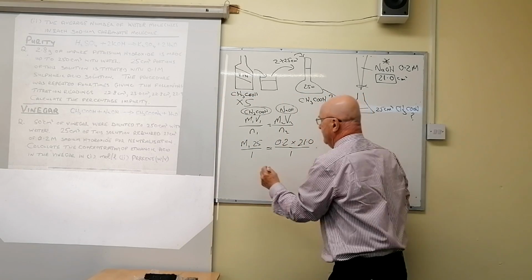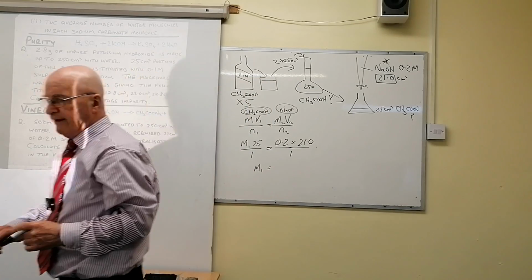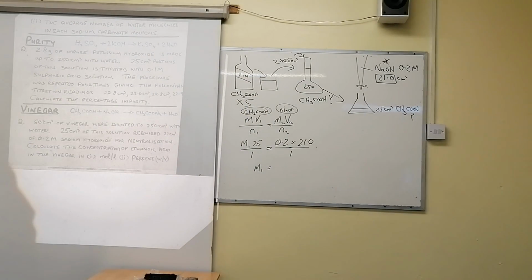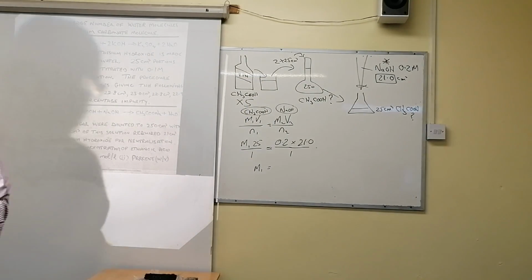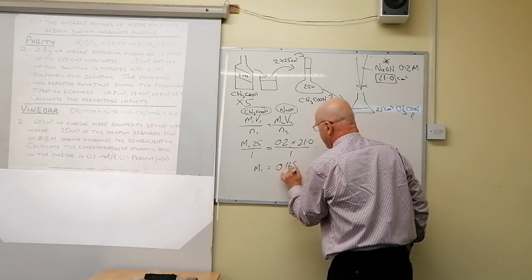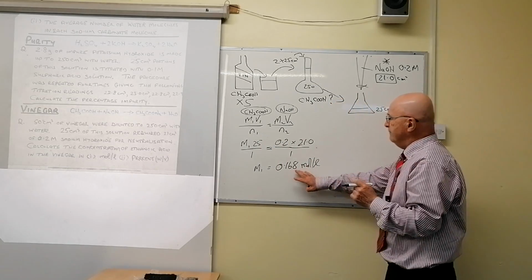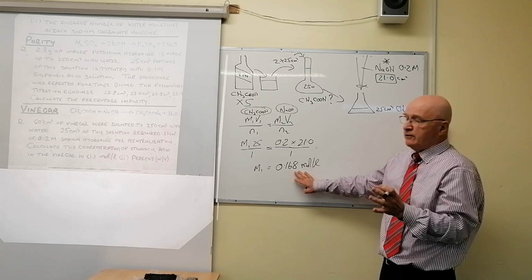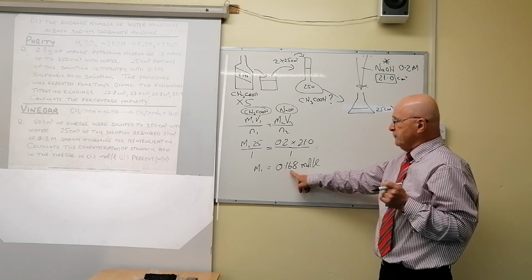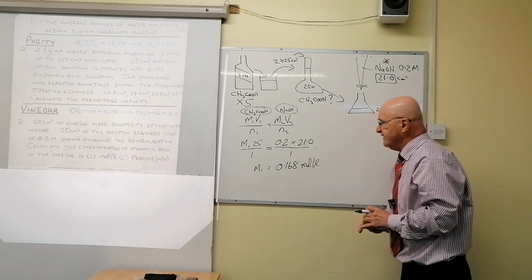So you solve for M1, and I got 0.168 moles per litre. You could call that molar if you want. It might be written as 0.17, but that's fine. 0.168 is what I've got there.